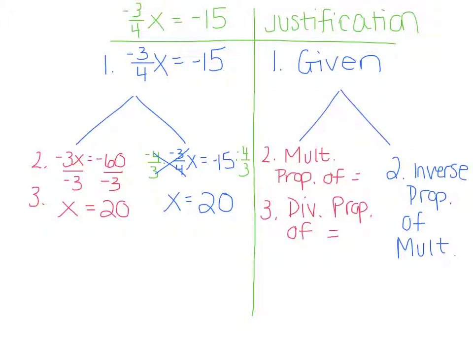So negative 4/3 times negative 3/4 gives you 1. 1x, which is x. And then on the other side, we're not changing the equality of the equation, but we are doing what we did over here in 2 steps in 1. So either way you want to solve this is fine, whatever you're more comfortable with, but you do need to know how to solve it with fractions.